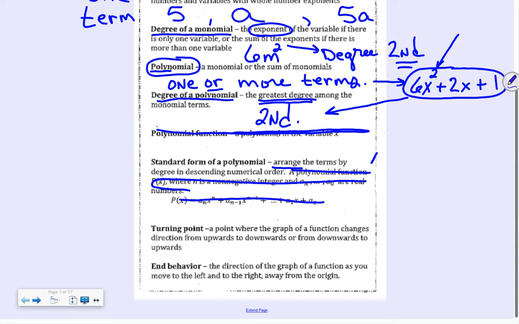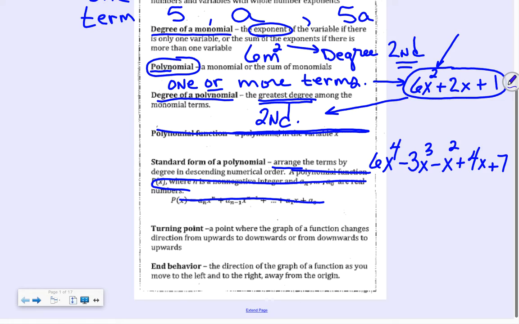So if you had 6x to the 4th, that's first, if that's the highest degree. Followed by minus, let's say 3x cubed. Minus x squared plus 4x plus 7. Okay, if you put it in standard form, this is what your assignment says.